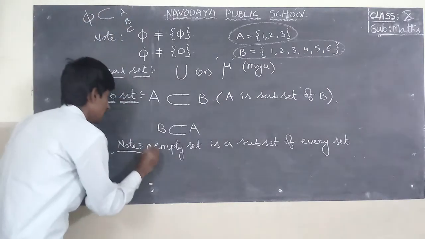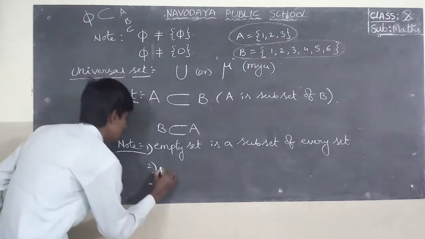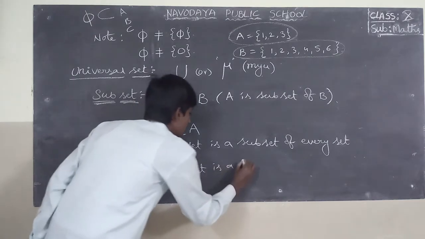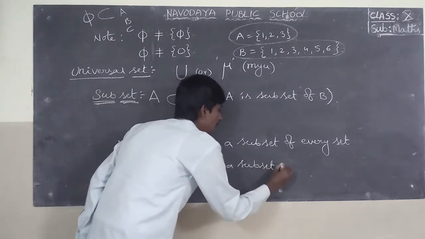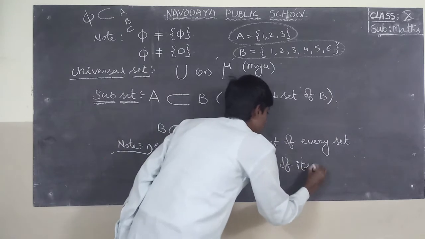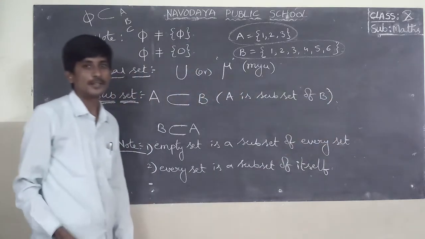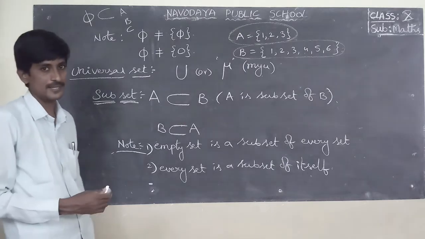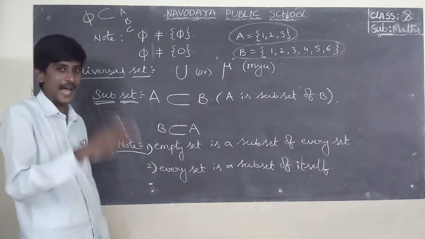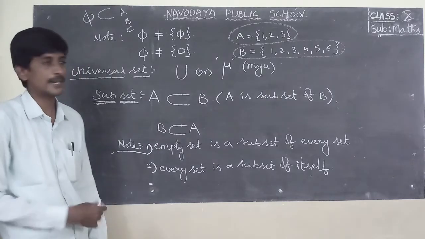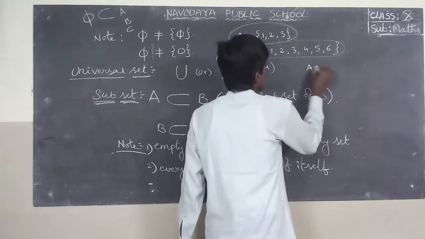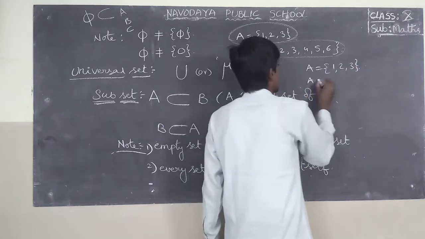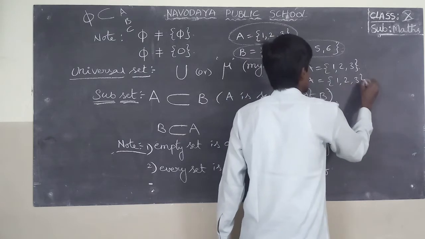And second, every set is a subset of itself. Every set is a subset of itself means ప్రతి సెట్ దానికి అదే సబ్సెట్ అవుతుంది. For example, A equals 1, 2, 3, and another one, A equals 1, 2, 3.